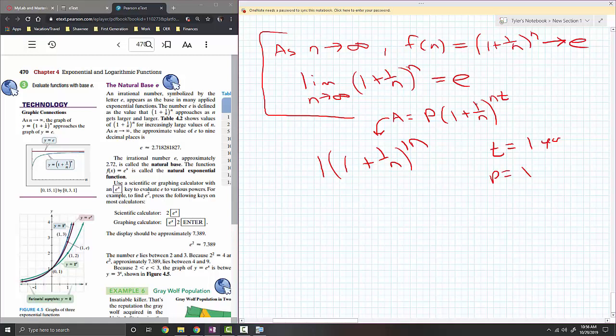Well, no, this is r. Excuse me, that was r. So then if we let r equal 100%, that would equal 1. So then now these would be equivalent.